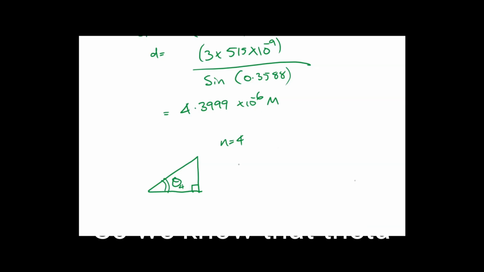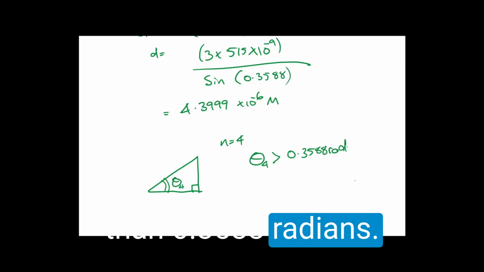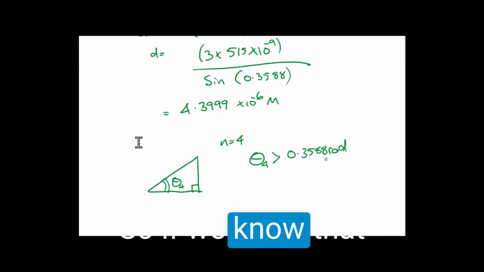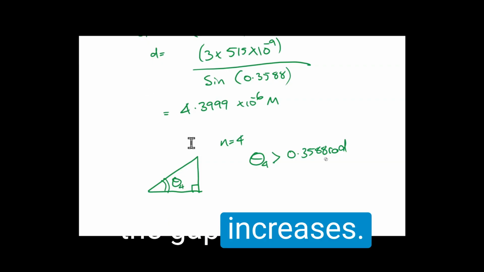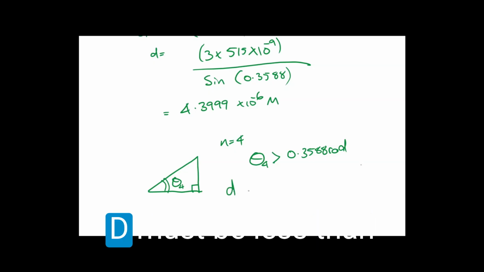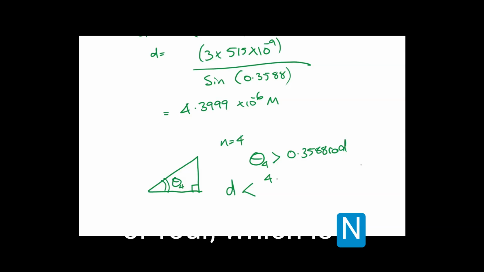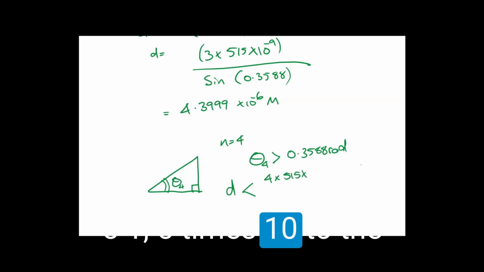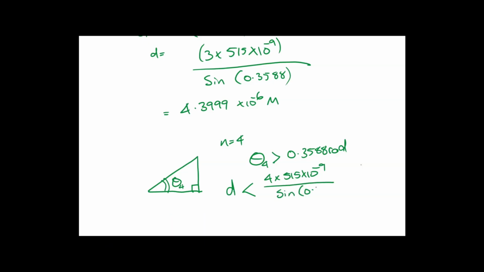So we know that theta 4 must be greater than 0.3588 radians. We know that as D goes down, the gap increases, so that means D must be less than 4, which is n, times the wavelength, 515 times 10 to the negative 9, over sine of this number, isn't it?